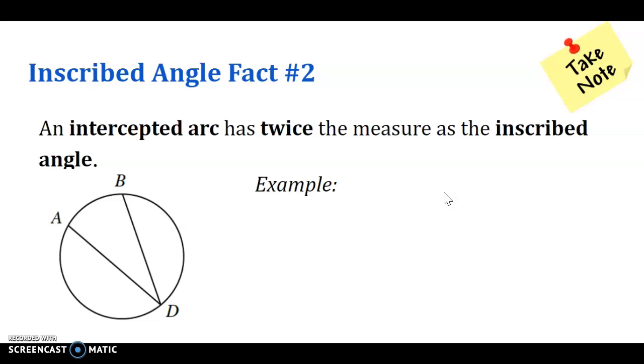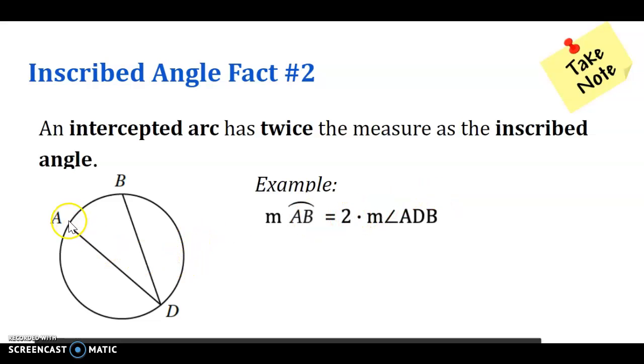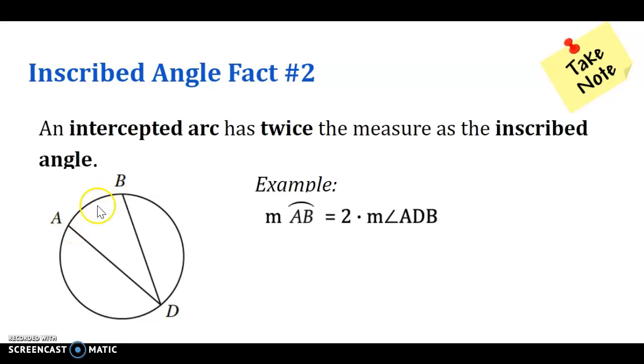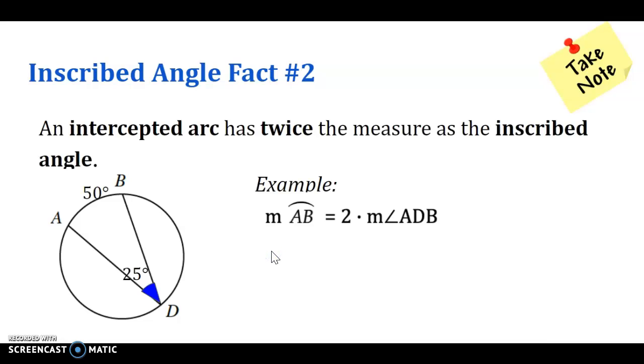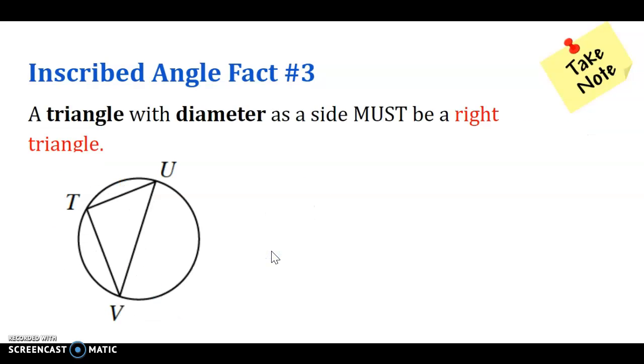Fact two: an intercepted arc has twice the measure of the inscribed angle. That means the measure of arc AB is twice the measure of angle ADB, the inscribed angle. If it was 25 degrees, then arc AB would have the measure of 50 degrees. Fact three: a triangle with a diameter as a side must be a right triangle.